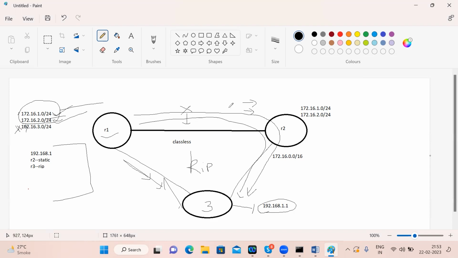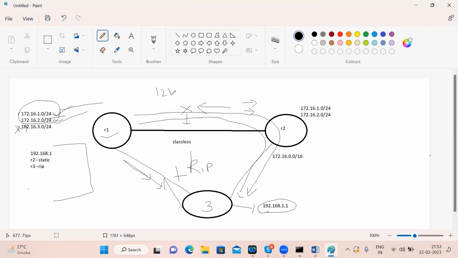You will advertise a higher administrative distance compared to the routing protocol. While advertising the static routes, you will mark that route with an administrative distance of 121.